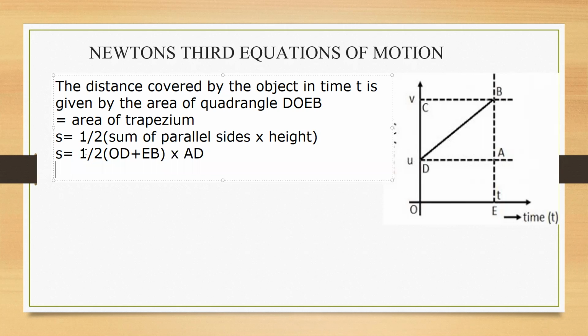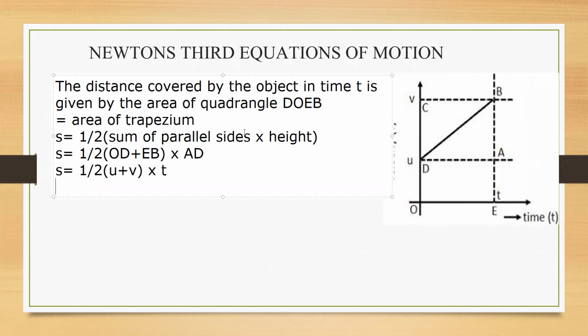Now, substitute the values from the graph. That is half into OD plus EB. What is OD? Initial velocity U, plus EB is equal to final velocity V, into height AD. AD will be equal to OE from the graph, that is equal to T.